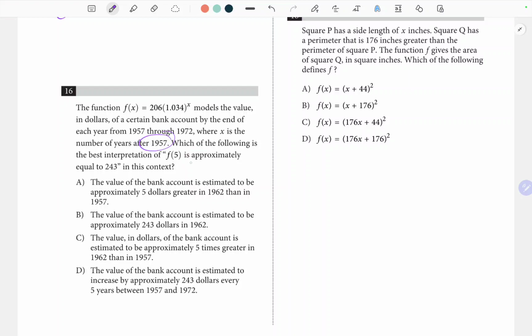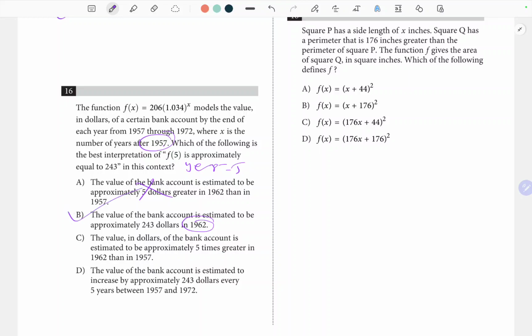So years 5 is given, right? Now let us understand. The value of the bank account is estimated to be approximately $243 in 1962. So 1957 plus 5, 1962. So B should be the right one.